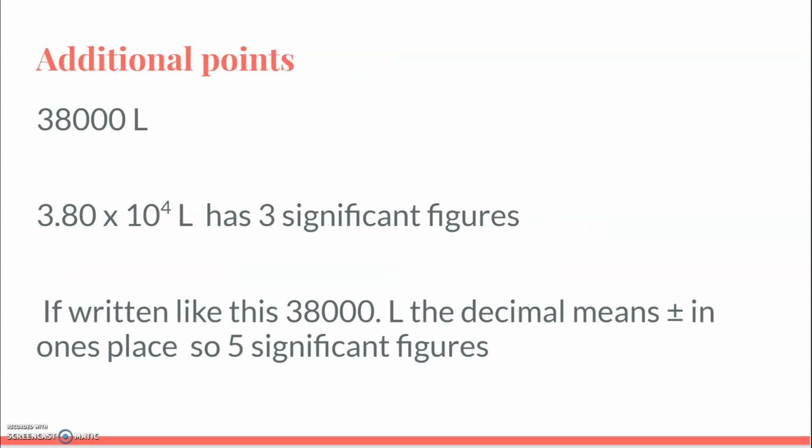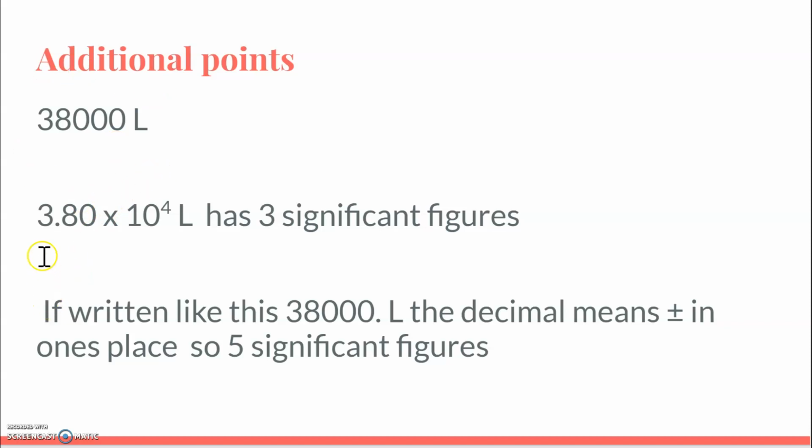So what if we do want to make that 38,000 liters not as uncertain about its uncertainty? Let's say I want to be more specific and tell the reader where the plus or minus place is. In that case, you can turn these multiples of 10 into scientific notation and add zeros if you want to show them that those numbers are significant.